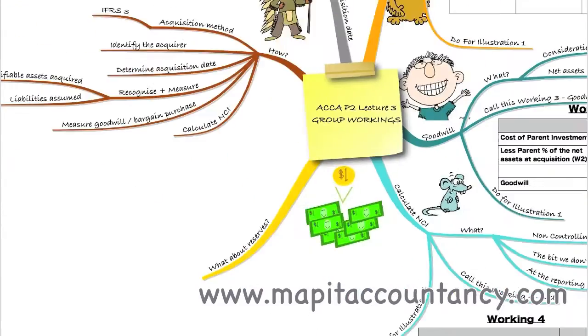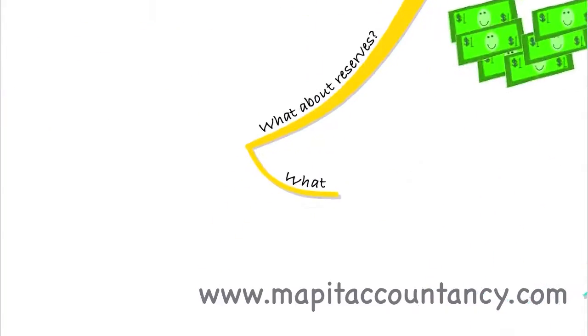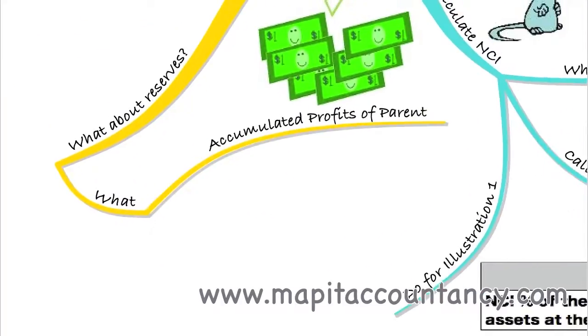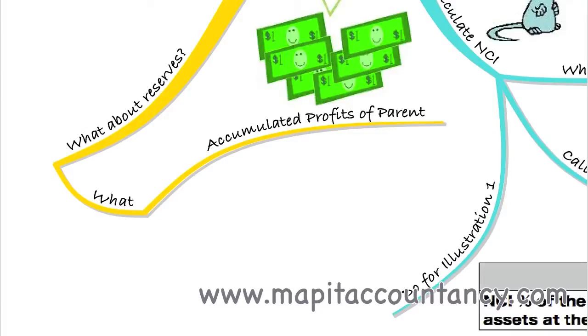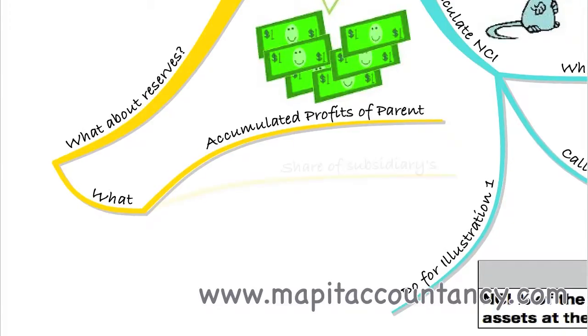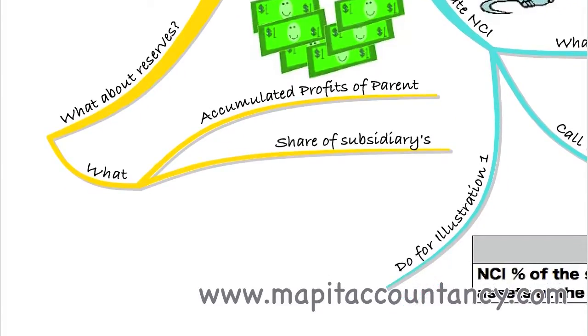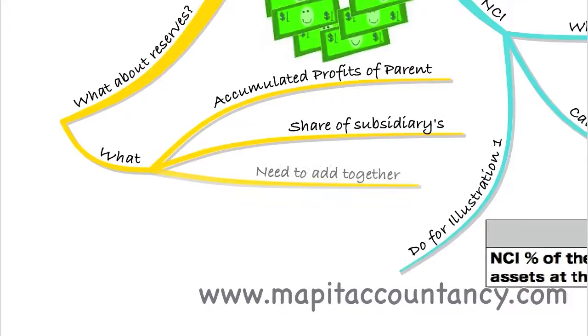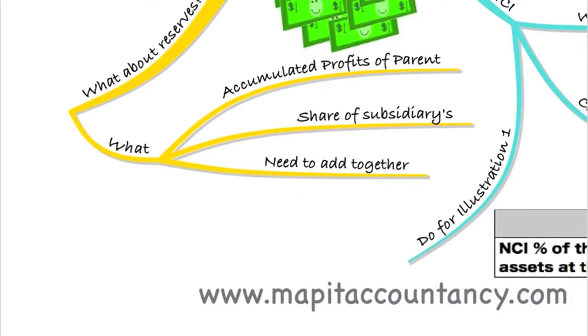The last thing I mentioned was reserves. So what about our reserves? Well, the reserves will be the accumulated profits of the parent, but we need to add in a share of the subsidiary's post-acquisition profit. So we're adding together the accumulated profits of the parent plus their share of the subsidiary's profit since acquisition.